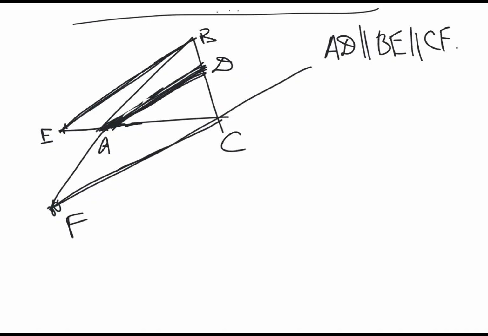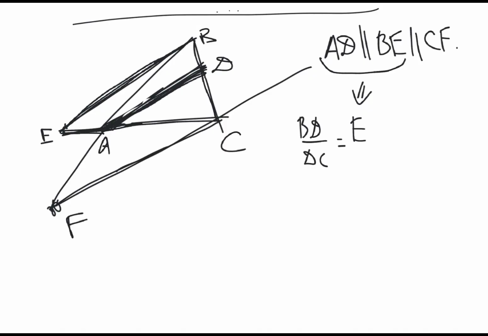Well, so here from the parallel lines, from this AD being parallel to BE, we get that BD over DC, so this over this, is equal to EA over AC.